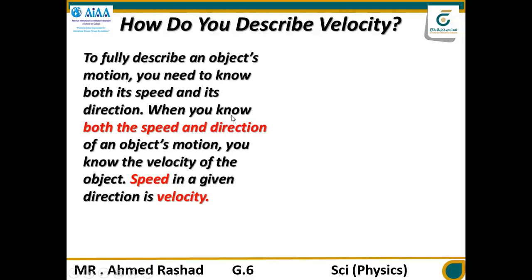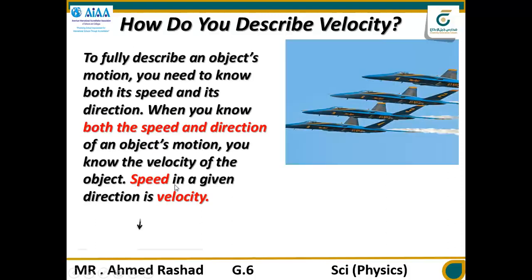When we know both the speed and the direction of an object's motion, we know the velocity of the object. So speed in a given direction is called velocity. The difference is that speed has no direction, but velocity includes the direction of the object.